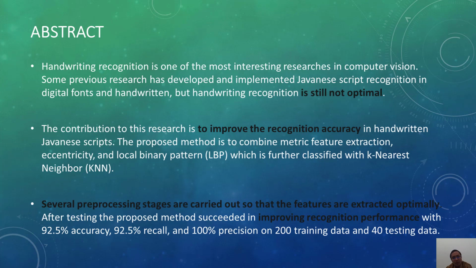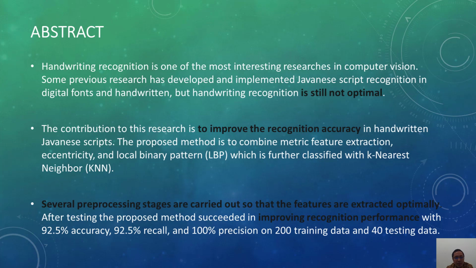The proposed method is to combine metric feature extraction, eccentricity, and Local Binary Pattern, or LBP, which is further classified with k-nearest neighbors, or KNN.